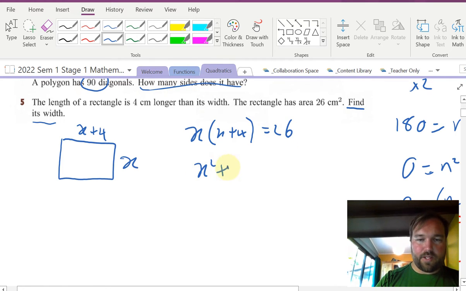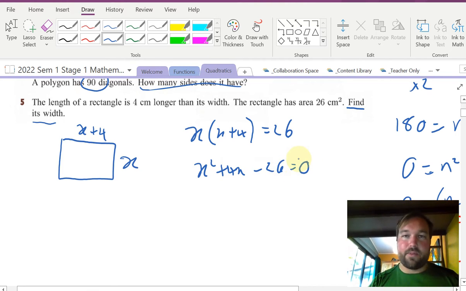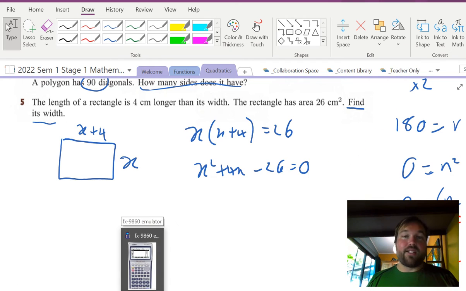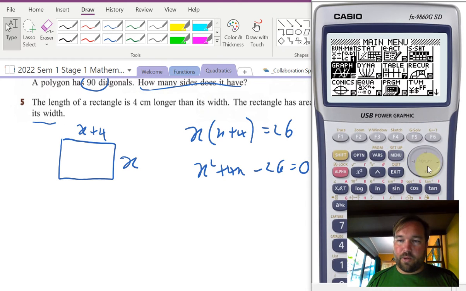X squared plus 4x minus 26 equals 0. So a couple of steps at the same time, but we've gone into our sort of standard form. I don't think that's going to factorize, and we can reasonably have a decimal answer because you have a decimal length of side. So you can go menu, polynomial, solver.